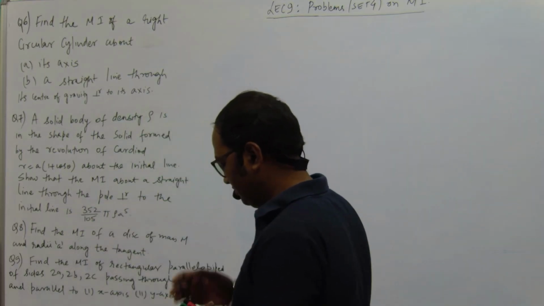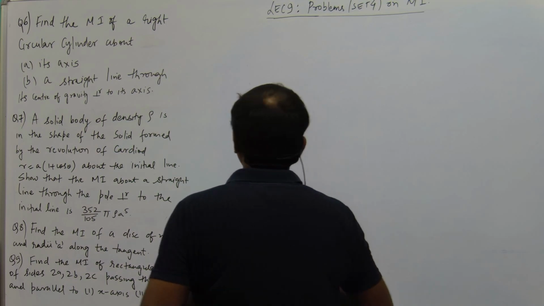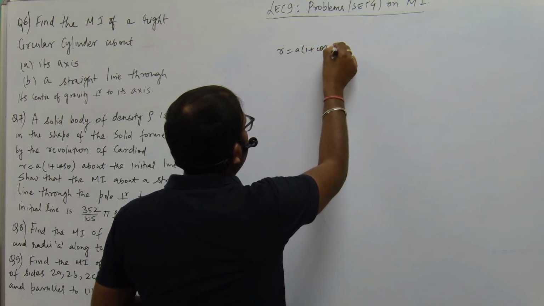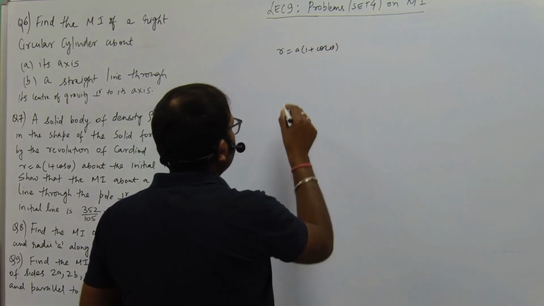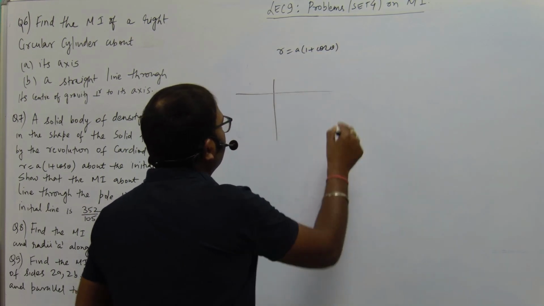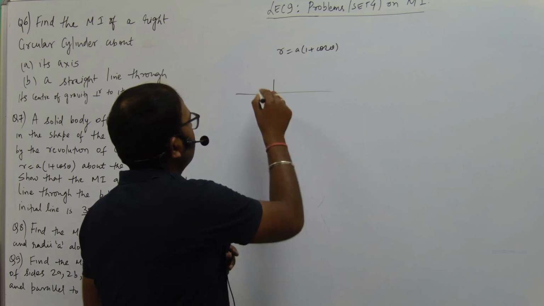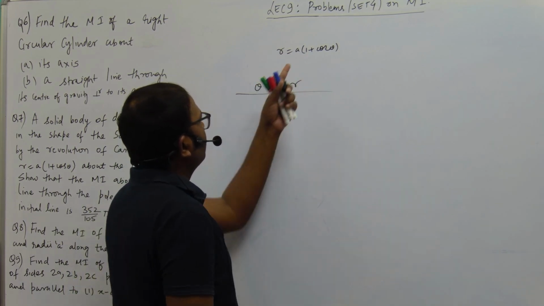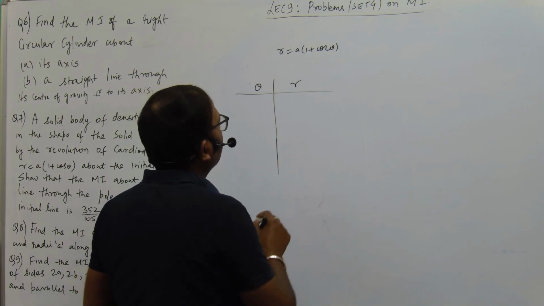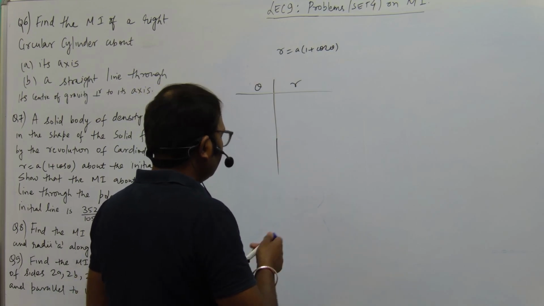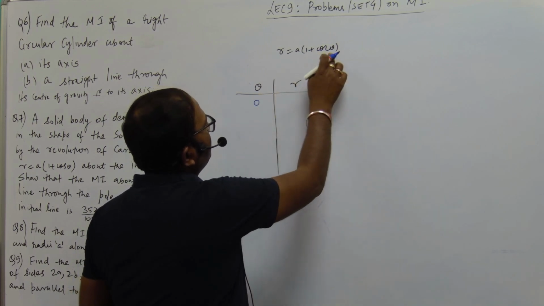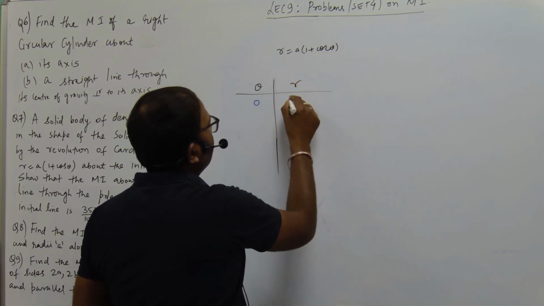So we have the equation of the cardioid as r is equal to a(1 plus cos theta). Okay, so let us have a plot of this. So we have theta versus r. When theta is equal to 0 degree, cos theta is 1, so the r value is 2a.